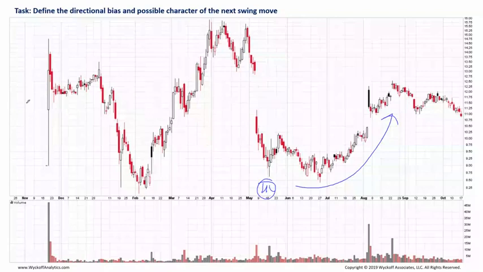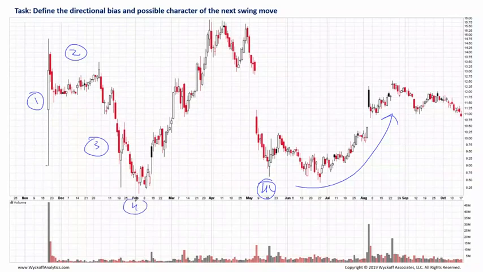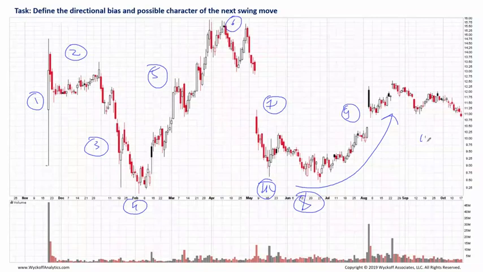Well, I would go structure by structure, so element by element. Element number one, element number two, element number three, element number four, 5, 6, 7, 8, 9, and then 10.